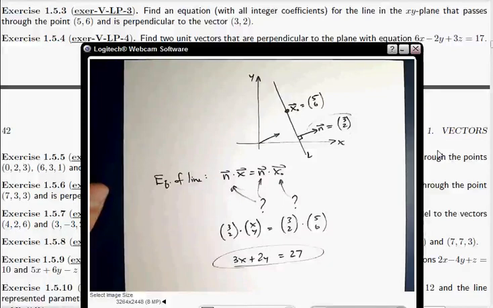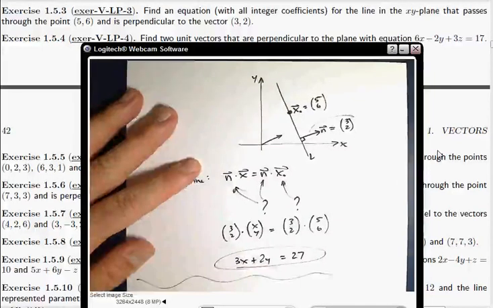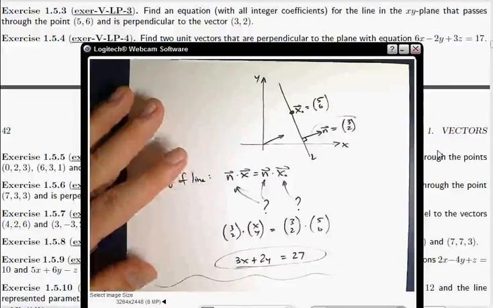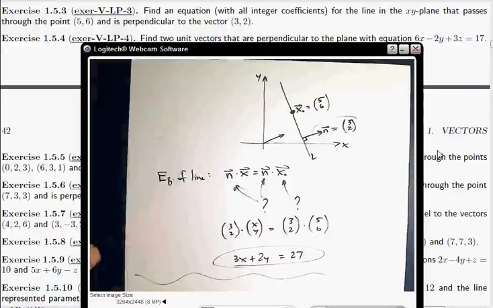If the problem is in R3, now you've got a valid complaint, a valid confusion. If it's a 3-dimensional problem where there are 3 different variables running around, then you're right. This would be 3x plus 2y plus 0z equals 27, and this would be the equation of a plane. But that's not what we're dealing with. This is not a 3-dimensional problem.